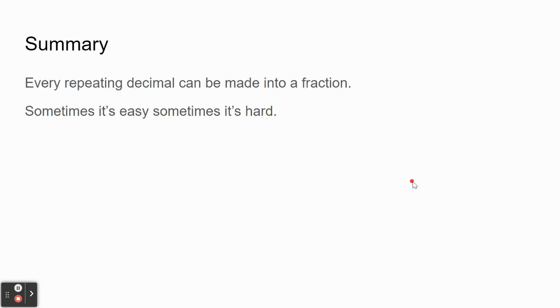It's a lot of work, but like I said, the only thing you have to remember is every repeating decimal can be made into a fraction. Sometimes it's easy, sometimes it's hard, but if they can be made into a fraction, then they must be rational numbers. And that's the important part, is identifying repeating decimals as rational numbers.